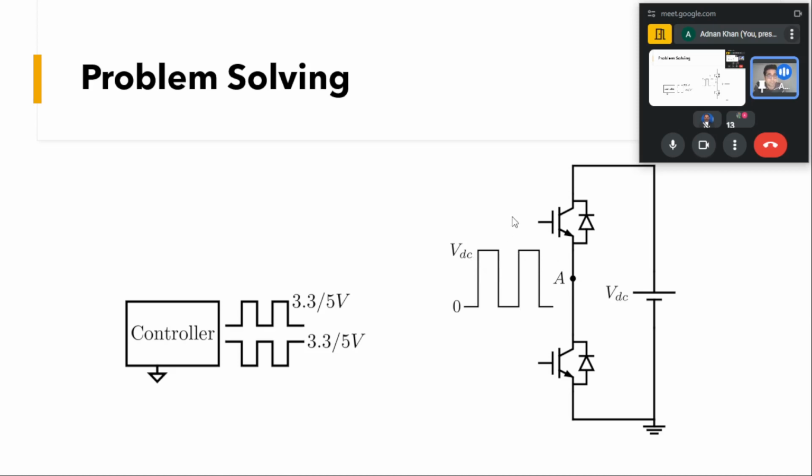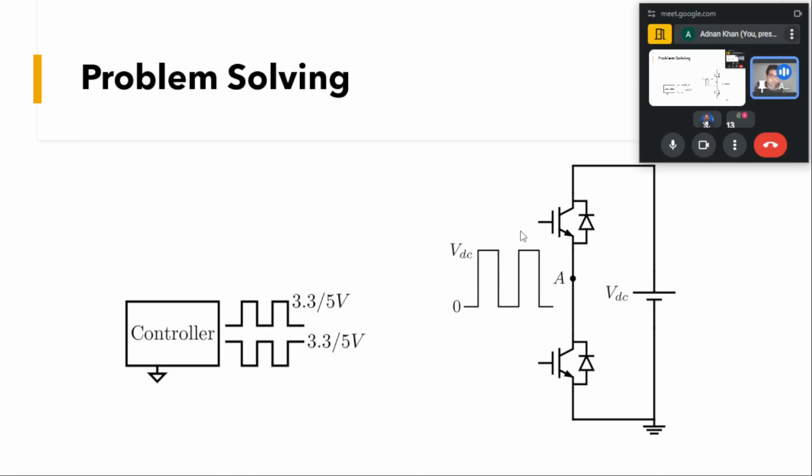So the gate voltage will be applied with respect to this point A, and since point A is a floating supply with values 0 and VDC and it is constantly changing, we have to apply our gate with respect to this voltage. Sometimes we have to apply with respect to 0 volt, and sometimes a particular voltage with respect to VDC.